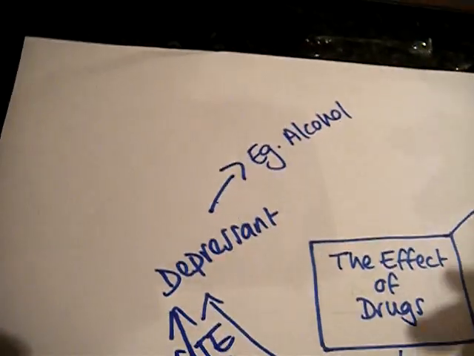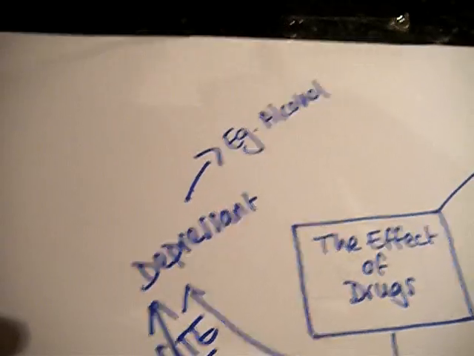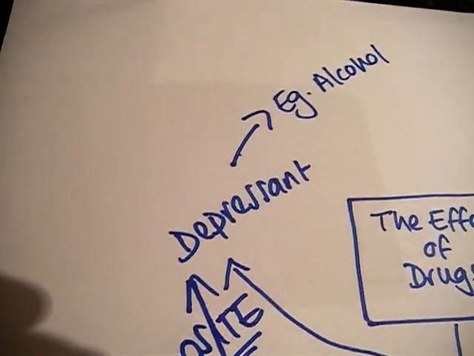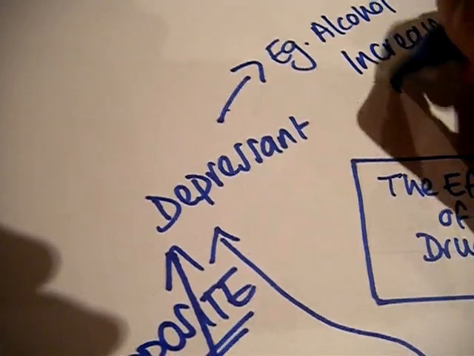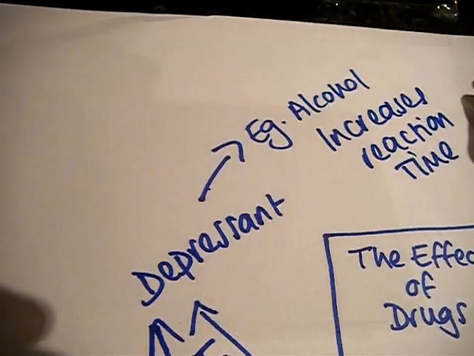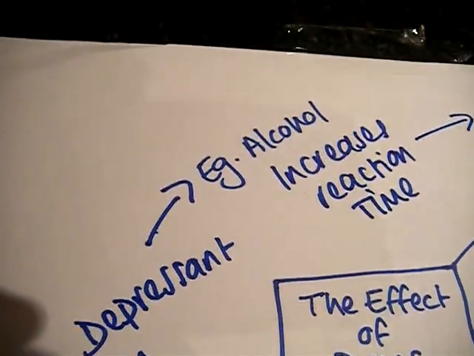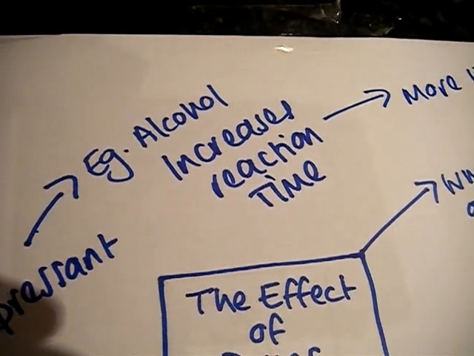It's the main one you need to know. Main depressant is alcohol, and this decreases your reaction, so it increases your reaction time. Okay? Because it increases your reaction time, you are more likely to crash in your car.